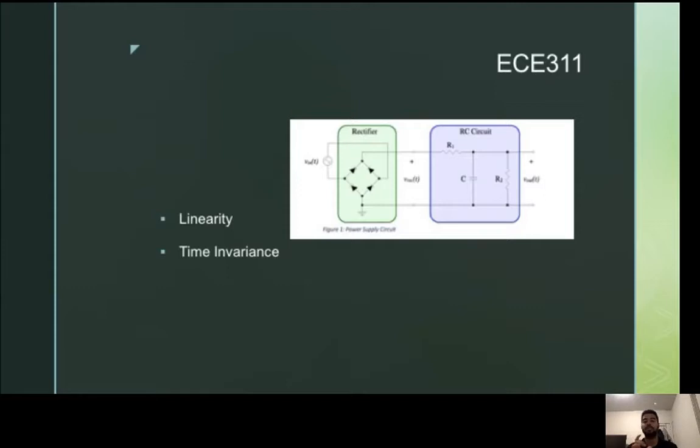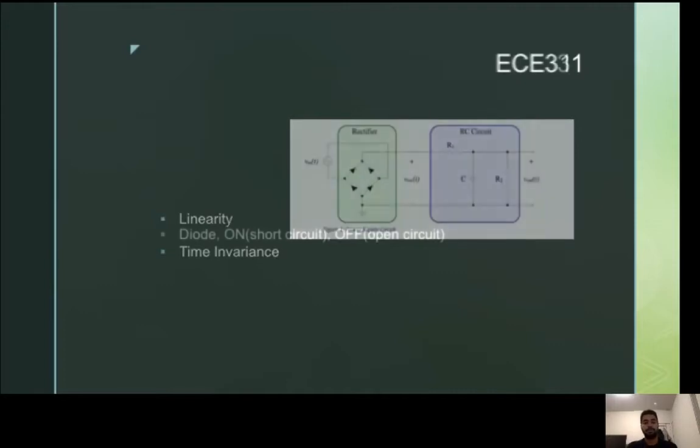At the end, the rectifier is non-linear and the RC circuit is linear. The whole power supply system is non-linear because part of it is non-linear. The rectifier is time invariant and the RC circuit is time invariant, so the whole system is time invariant.